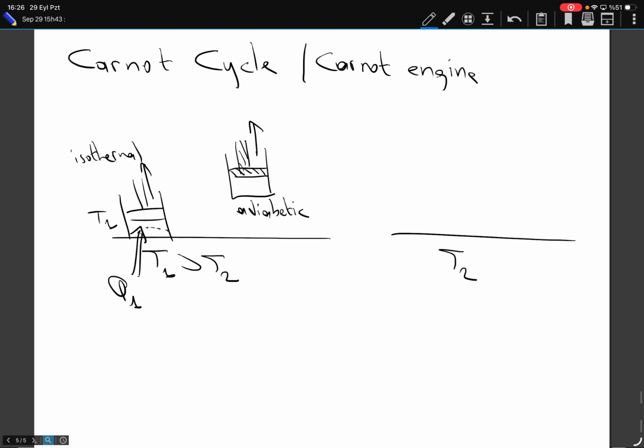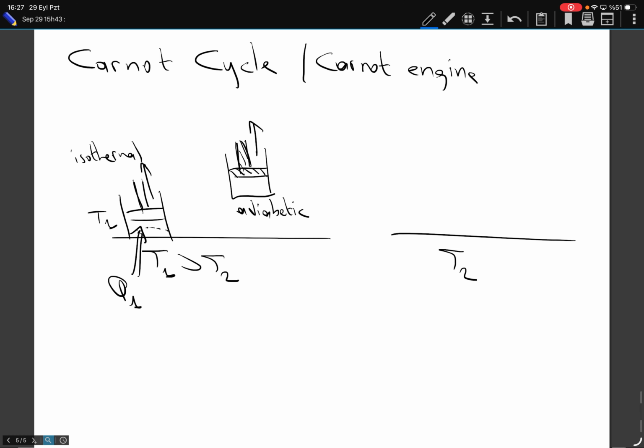In an adiabatic expansion, the temperature drops. As the piston is expanding, it is doing work, and during this adiabatic expansion it is still doing work. Since it's isolated, its temperature is dropping.